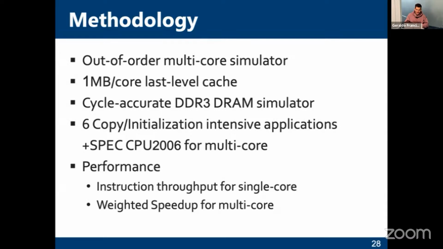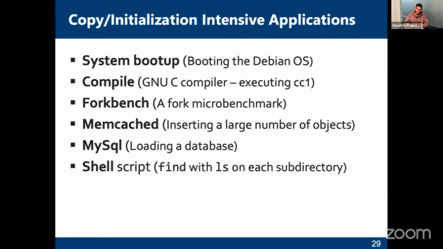So we use 6 applications that are really heavy on row copy and row initialization to evaluate RowClone. Those include system boot up, compilation, forking threads in fork bench, memcache for database, MySQL also for database, and some shell scripts.